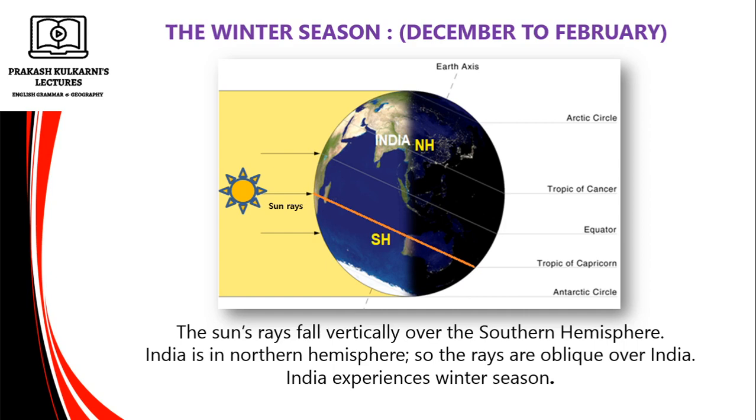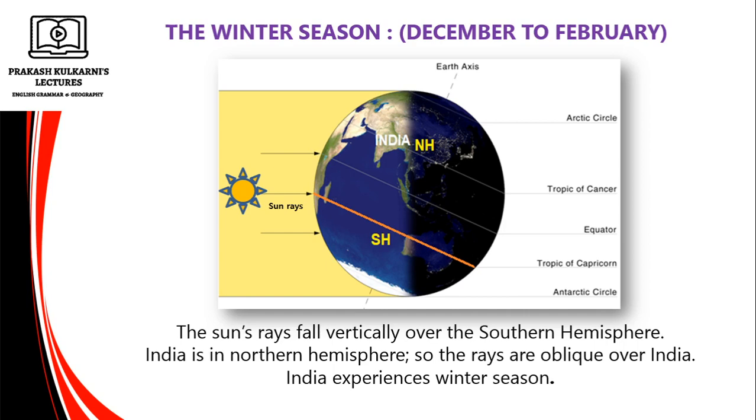SH means southern hemisphere. You can see the yellow bold line, that is Tropic of Capricorn. You can see India also in the diagram. India is in the northern hemisphere. NH means northern hemisphere, because our earth is a sphere, spherical, therefore vertical rays fall over the southern hemisphere.